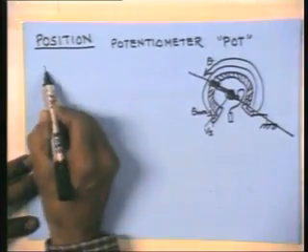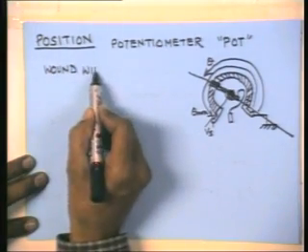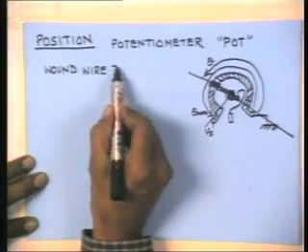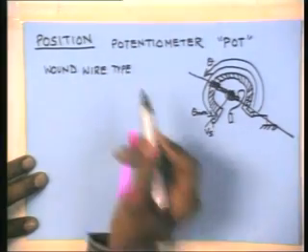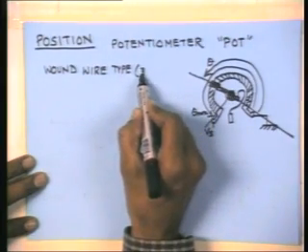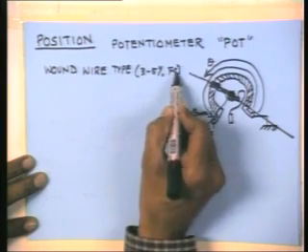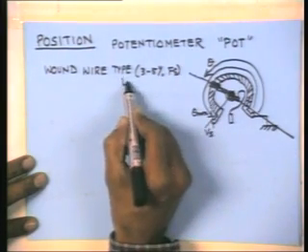So wound wire types will give accuracies or linearity of 3 to 5% of full scale. This is the linearity figure.